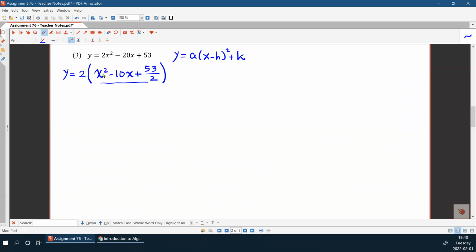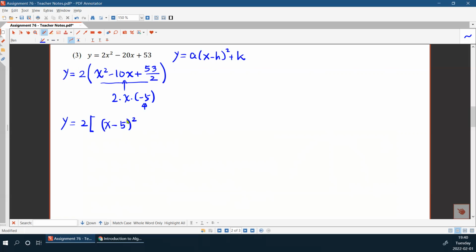We already have our x squared, and the term in the middle can be factored as 2 times x times -5, right? So -5 here is the other term in the squared binomial. So we can try y equals 2 times (x minus 5) squared.